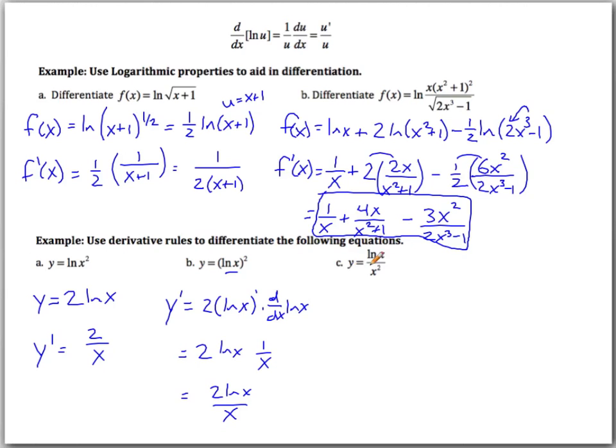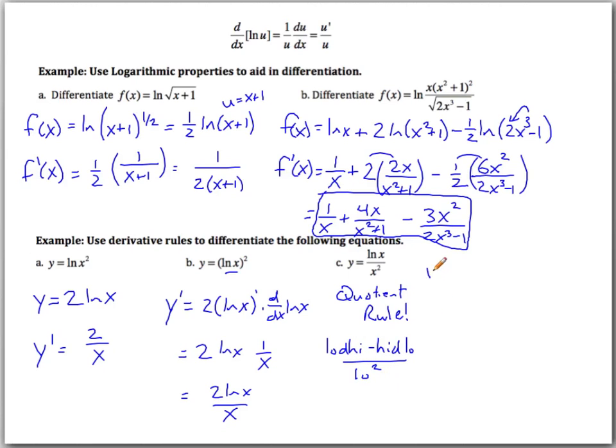And for example C, notice we have a quotient, but the ln is not in front of it. So we can't differentiate like we did up here in letter B. Instead, this is going to call for the quotient rule, which we remember as low d high minus high d low over low squared.